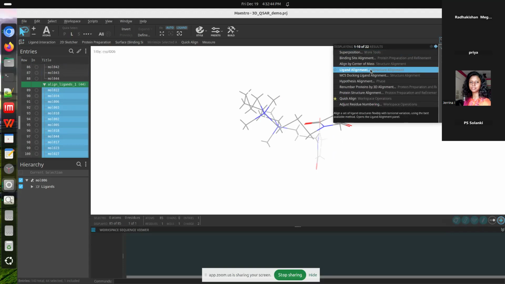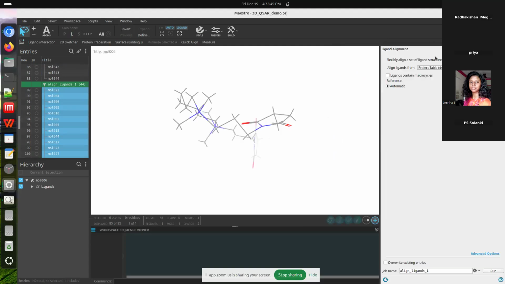So now you want ligand alignment. Select this ligand alignment, and I've already selected this project table entries, and now you have to check whether this automatic option is checked or not. After checking all these things, you have to give run, and you will get the entries like this.